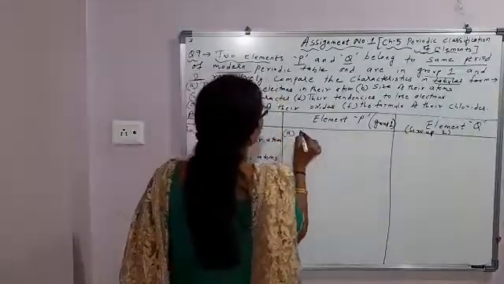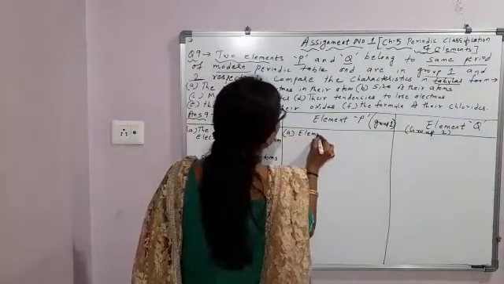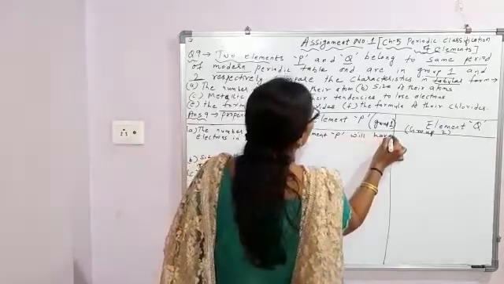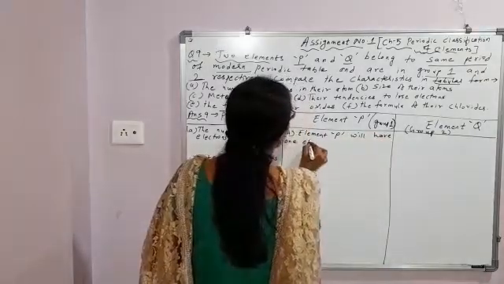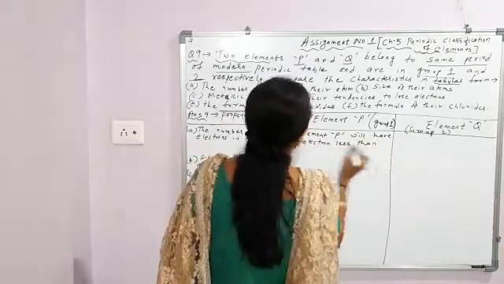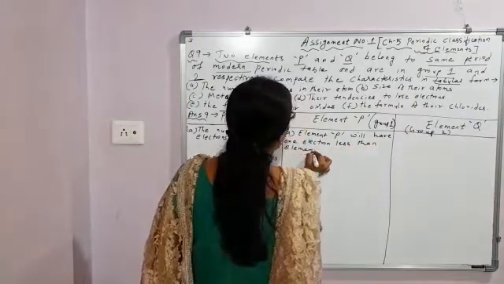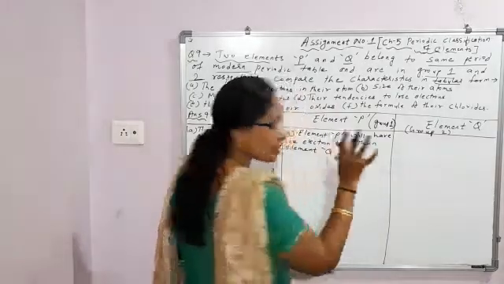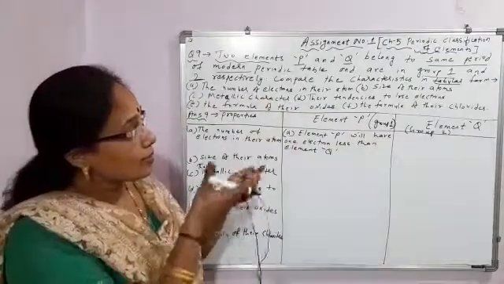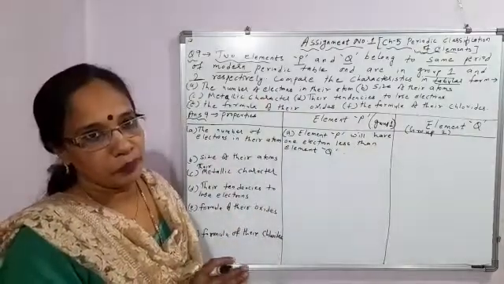Element P will have 1 electron less than element Q. This way only we can give the answer. The exact number of electrons cannot be given because the atomic number is not given. Okay.